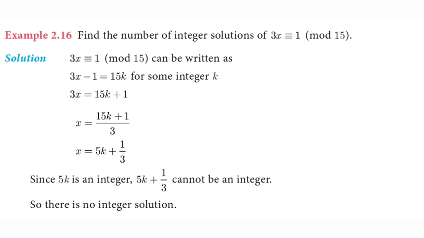Now substitute k = 0, 1, 2, 3, any value, we get an integer for 5k, but the next term 1/3 is not an integer, it is a fraction. Therefore x = 5k + 1/3 is not an integer, since 5k is an integer and 5k + 1/3 cannot be an integer. Therefore there is no integer solution.